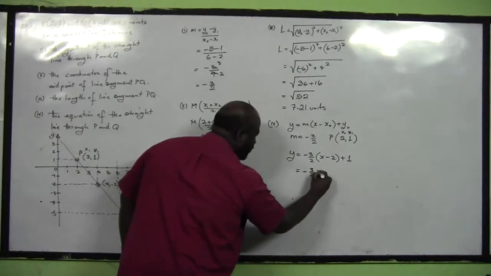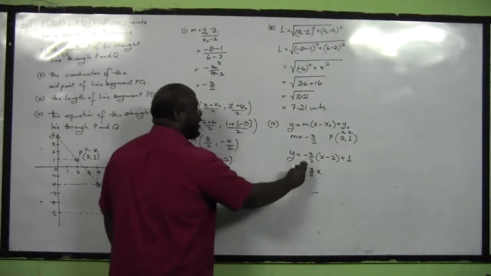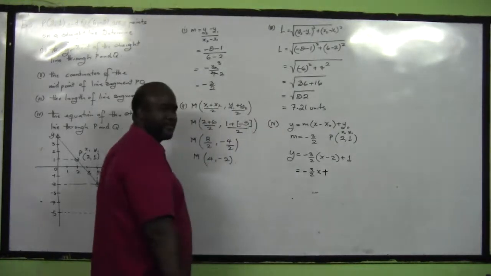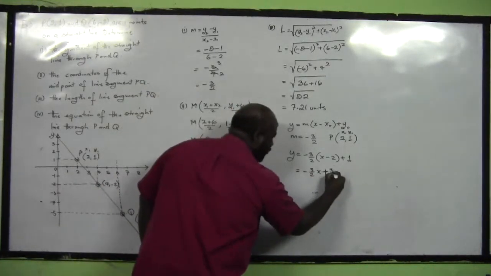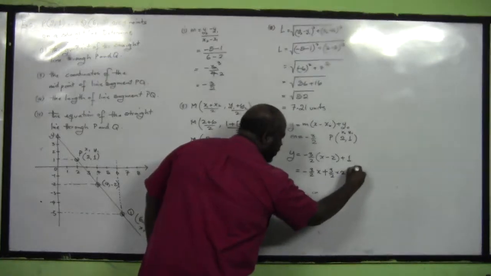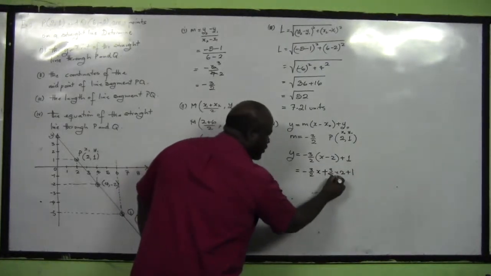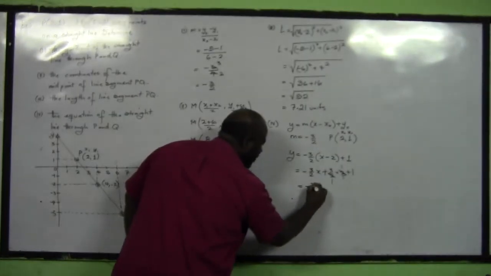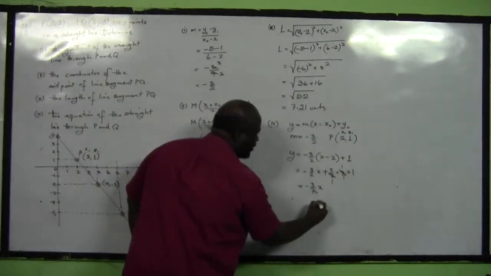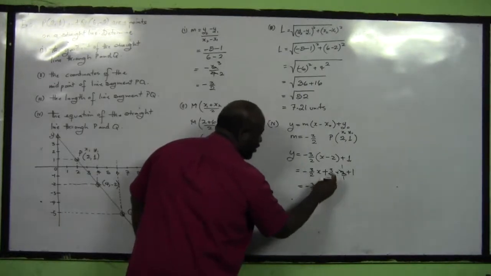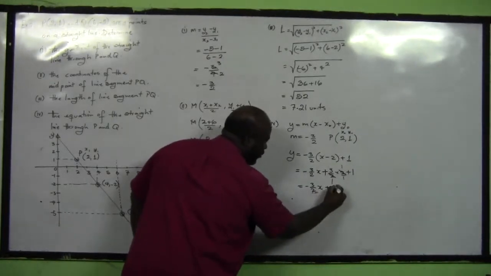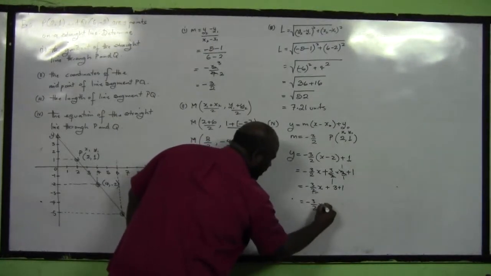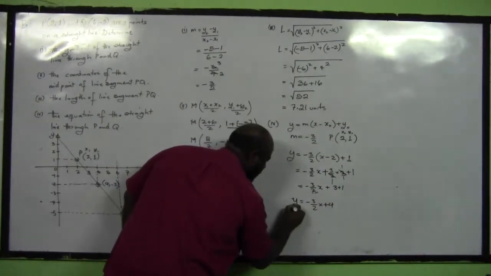Minus 3 over 2x. A negative times a negative is positive. That takes care of the sign. Then 3 over 2 times 2, plus 1. 2 into 2 is 1, so 3 plus 1. It's minus 3 over 2x plus 4.